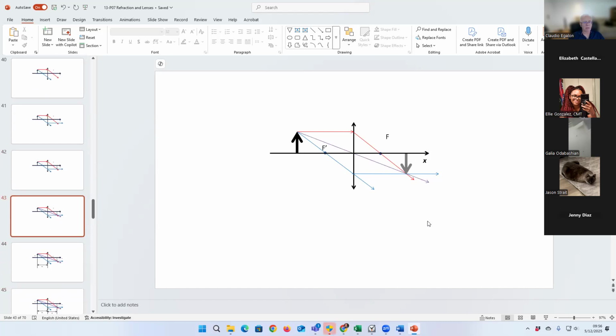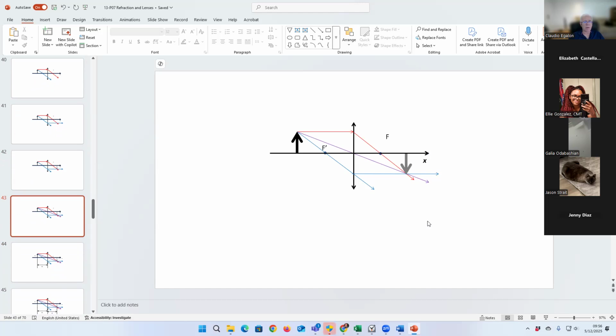Third light ray passes through the center of the lens, and because the lens is very thin, we can approximately state that the light ray doesn't change its direction.